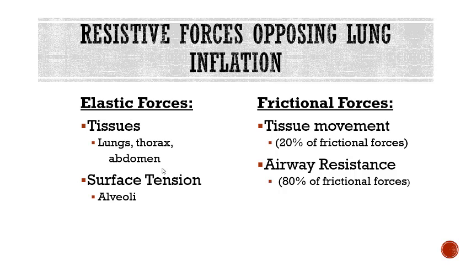The other part of frictional forces that's much, much smaller is tissue movement. That's just the way that tissues rub against one another that makes it more difficult for your lungs to open.